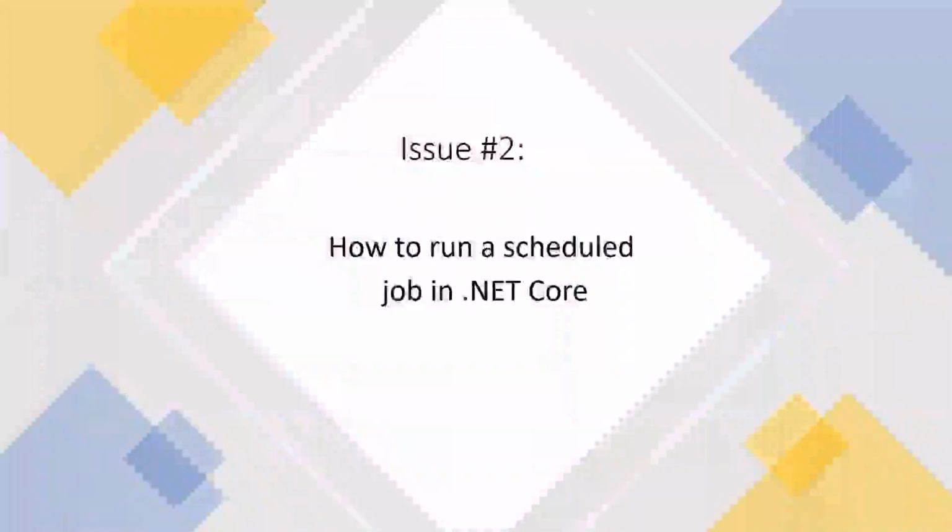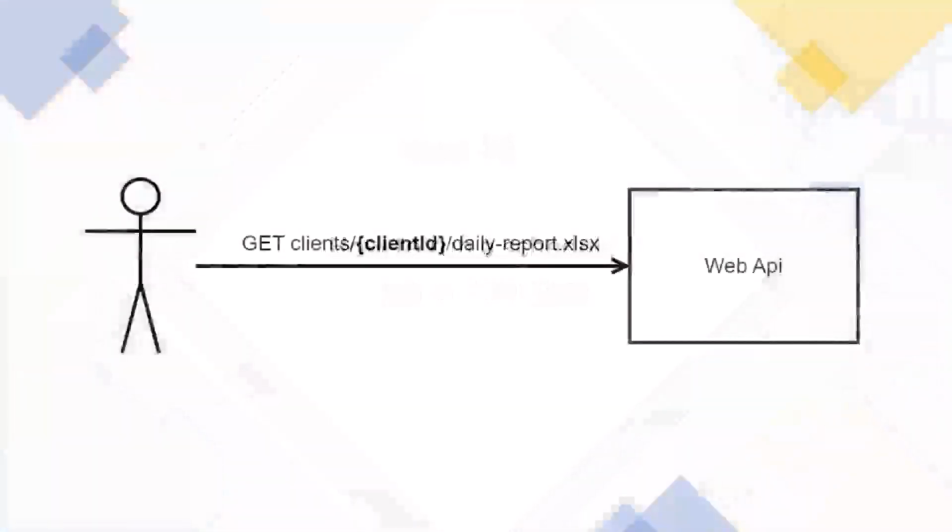Today we're gonna talk about how to run a scheduled job in .NET Core. The scenario when you need to do that could be the following. Let's assume we have a web API and we have our clients that are downloading some kind of a daily report, which contains a big amount of different data.